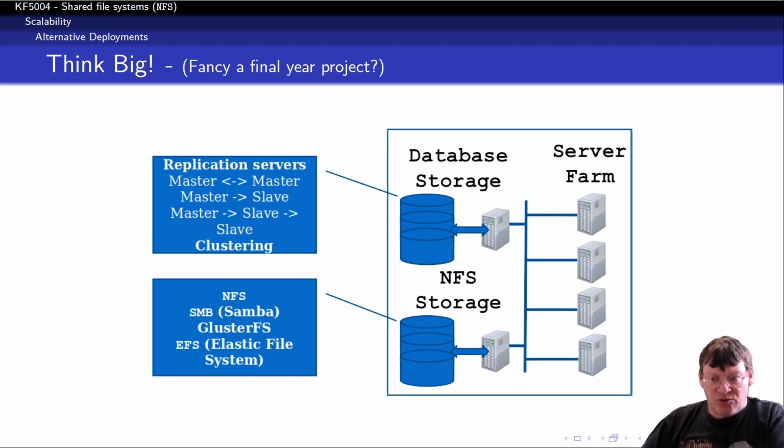There's also something called GlusterFS and also Elastic File System, whereby you can imagine this infrastructure, which we've currently got as one server, as being multiple servers with multiple entry points. So if any one of those servers goes down, the others will take over.